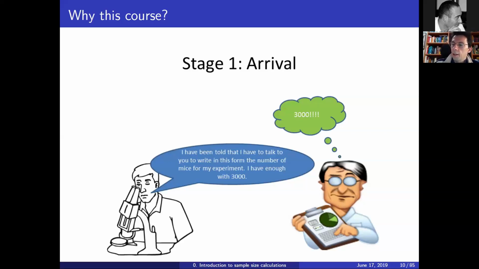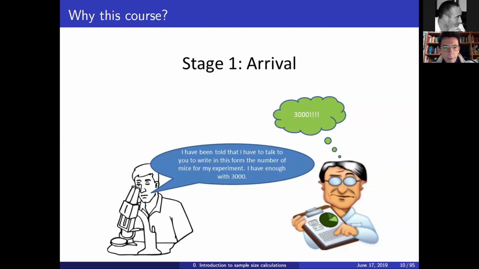And typically, researchers fill this application by themselves, then they submit it to the ethical committee, and the ethical committee evaluates it and then gives some feedback. And if the number of animals has not been correctly justified, then you are suggested to contact someone to help you with the calculation of the sample size.